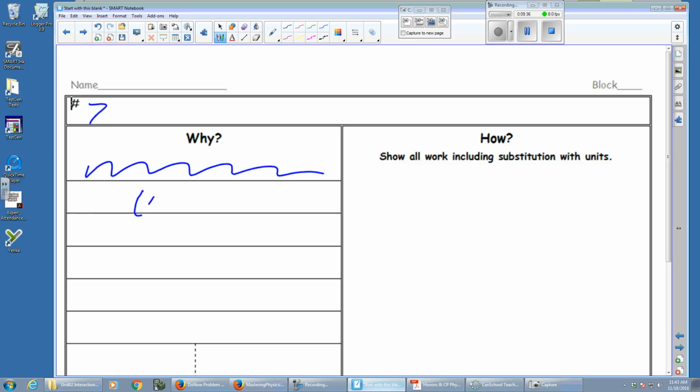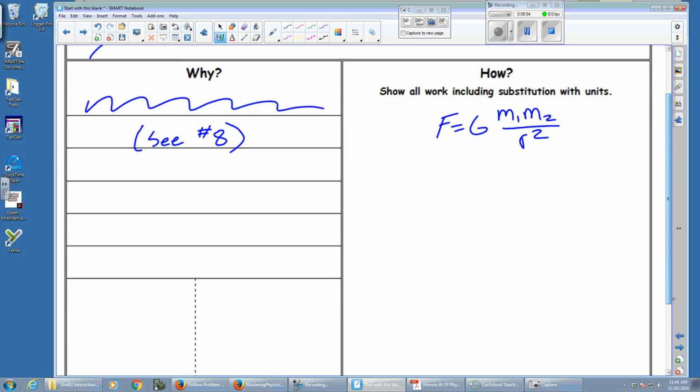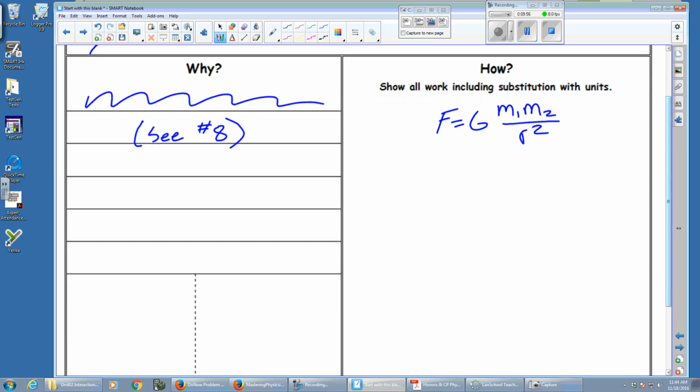So our Y's would be the same thing? Yeah. And then we're going to use the same equation. The only difference is that this one is what they tell you this time.